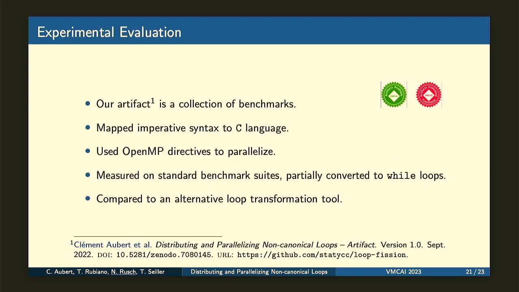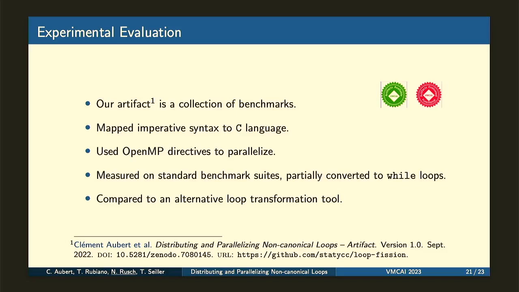And it consists of several examples like the one I showed before, but in a bigger setting. We made an artifact where we analyzed various different programs. We applied the transformation. In this example, we mapped our syntax to C programming language. We used OpenMP directives to do the parallelization.